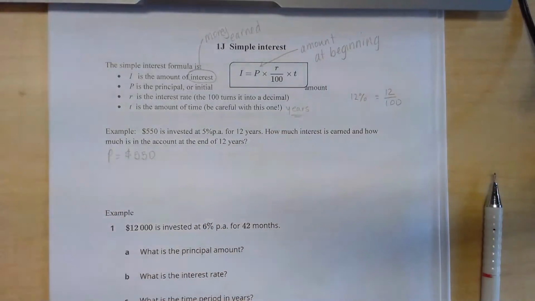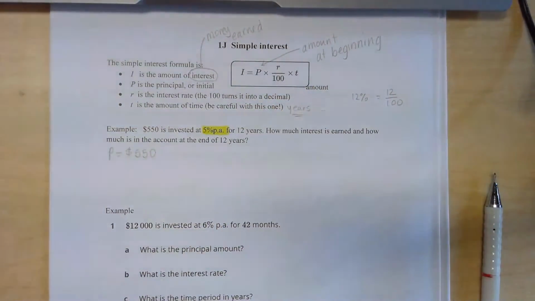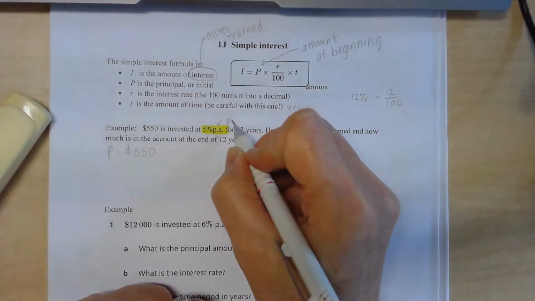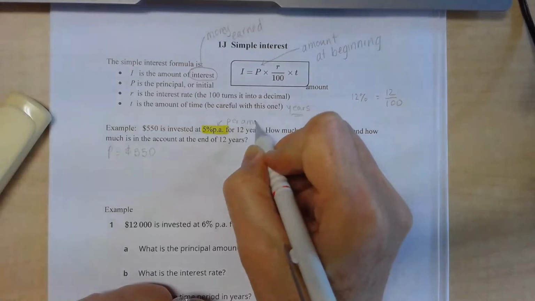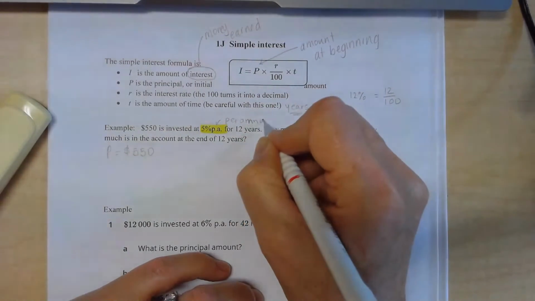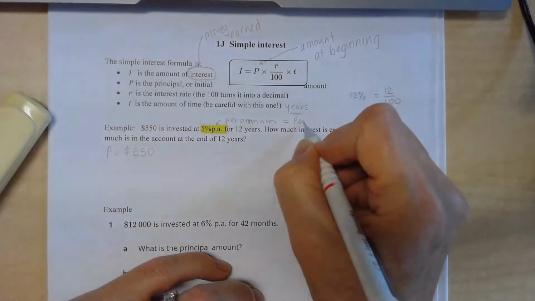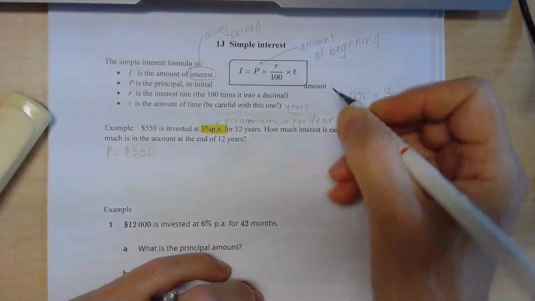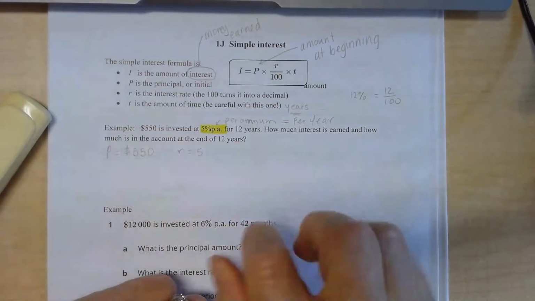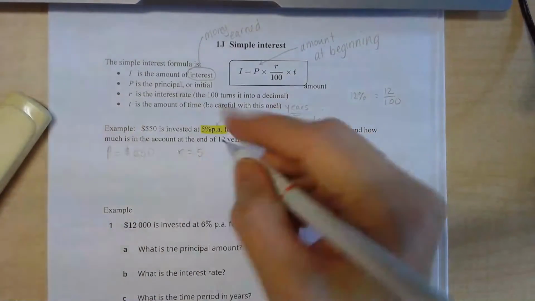That PA means per annum, which really means per year. So the little r is 5, because that's my interest rate. 12 years is the T.